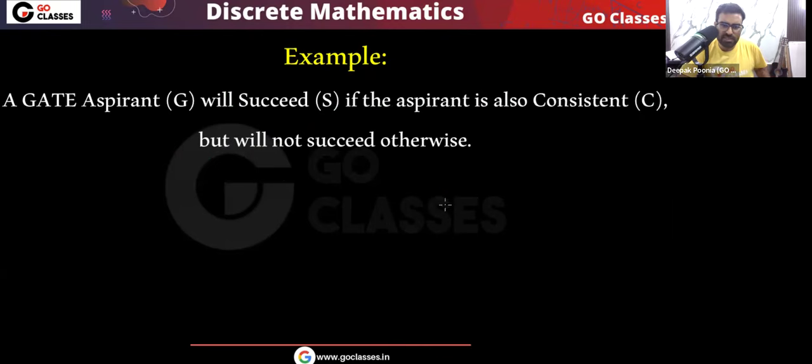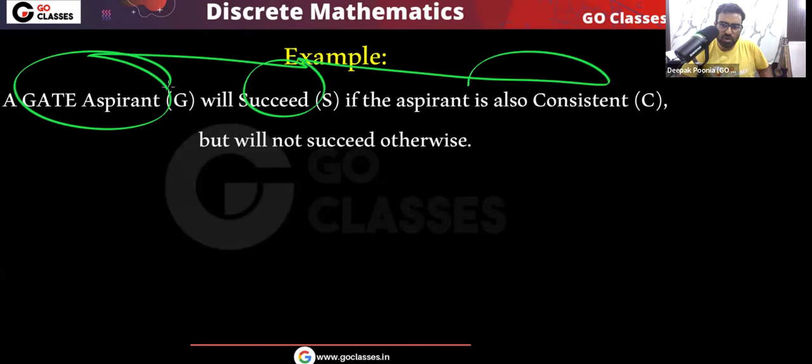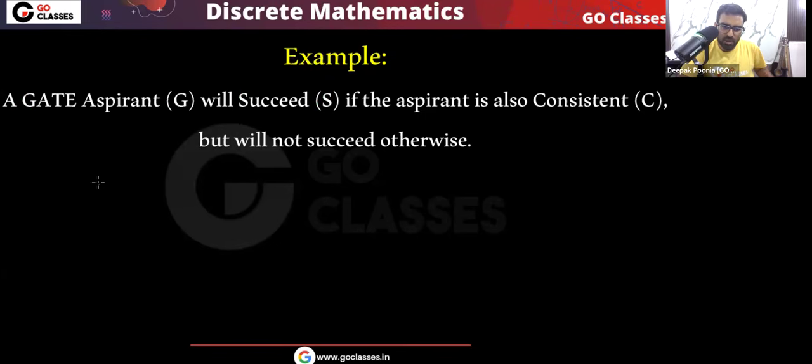So how to convert this into propositional logic? There are two ways to write it. The first thing you can say is that I am talking only about the GATE aspirant. I am saying that if you are a GATE aspirant, then you will succeed if you are also consistent. Means if you are a GATE aspirant and you are consistent, then you will succeed.